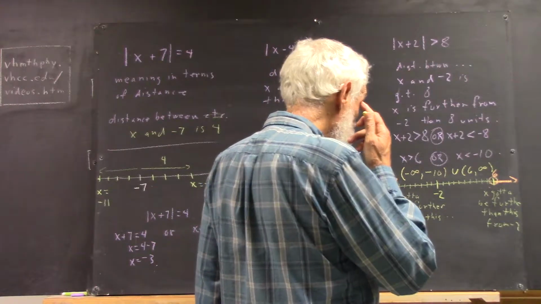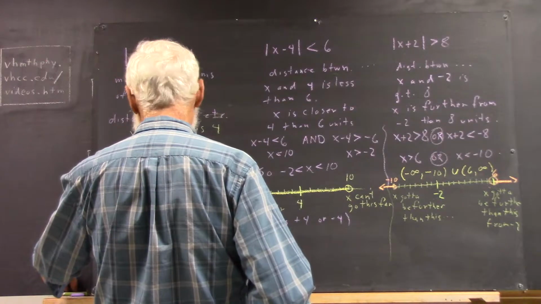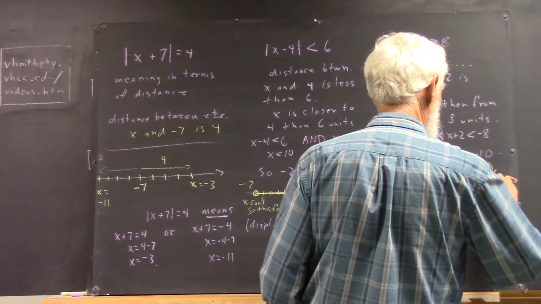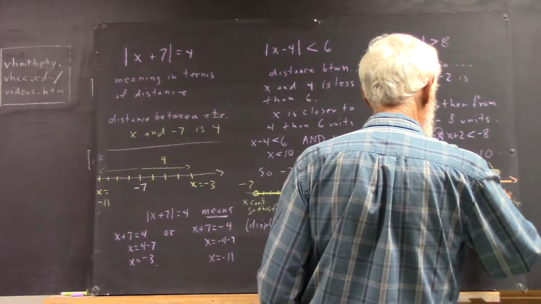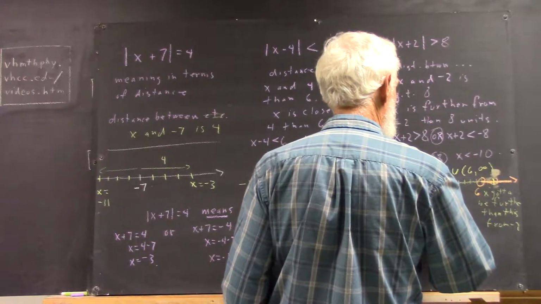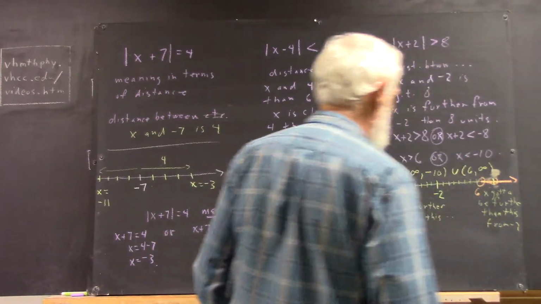I got carried away making marks, obviously. 6 should be here. Let's correct this. The idea is correct. The execution left something to be desired. Okay, 6 is here. Negative 2, negative 1, 0, 1, 2, 3, 4, 5, 6.